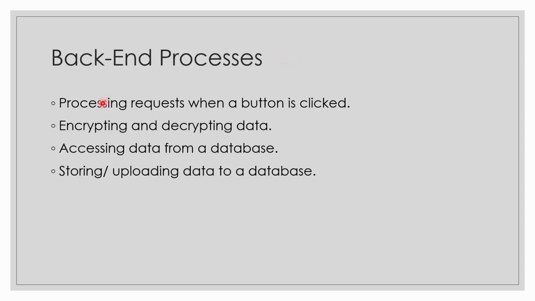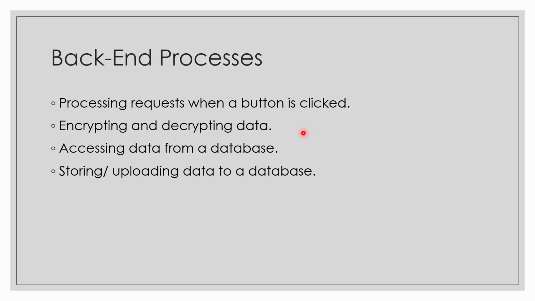The backend processes include processing requests when a button is clicked. When I click the button, the requests which are processed come in the backend part. Also the encrypting and decrypting of data, and accessing data from a database.